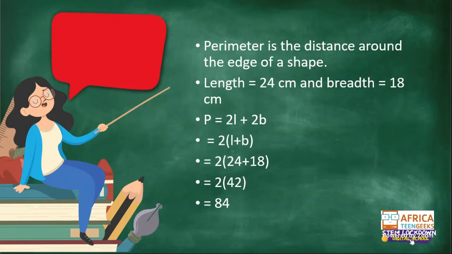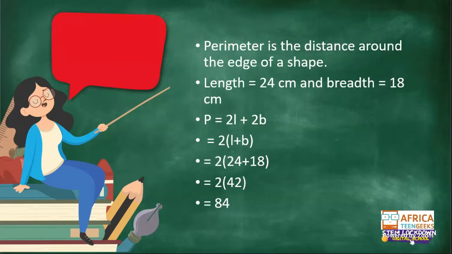Remember, we have the formula to calculate the perimeter, and that formula is P is equal to 2L plus 2B. Why 2L and 2B? Because of the two opposite sides. So it will be 2L plus 2B.